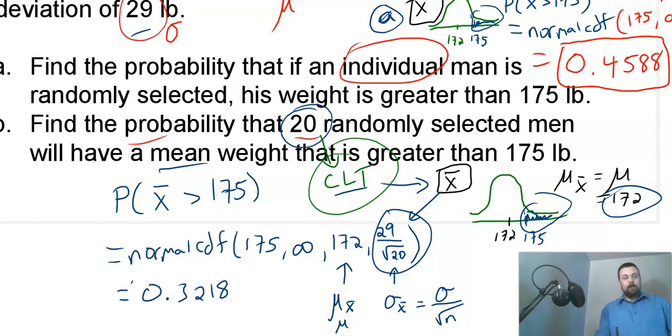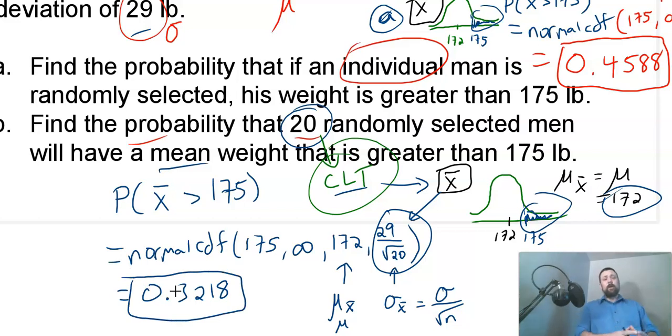It's smaller. Right? It's less likely that the average weight of 20 men is going to shift as far to the right than an individual person's weight shifting that far to the right. So the chance of one person weighing more than 175, which is over the average, is much higher than the chance that 20 randomly selected men would have an average weight that's that much higher than the mean.